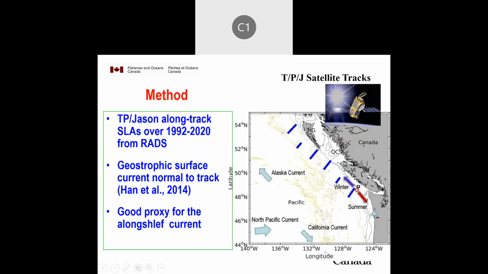Those ground tracks are approximately perpendicular to the coastline and the isobath, so it's a good proxy for the alongshore current. Here you also see this red circle is a long-term monitoring site over the shelf break, at about the 500-meter isobath. And the square is the location of the meteorological buoy that measures surface winds.